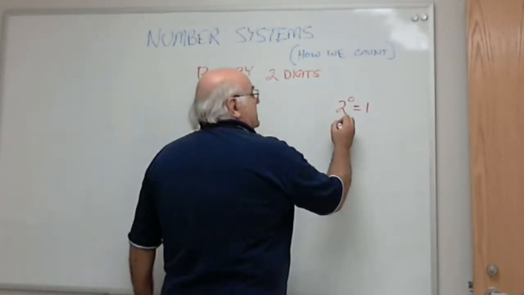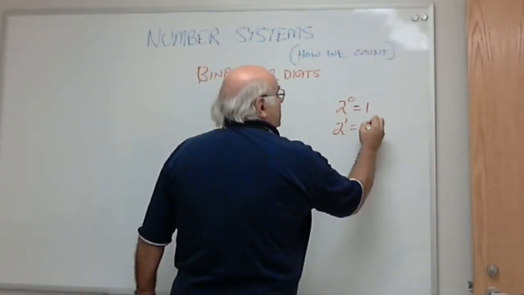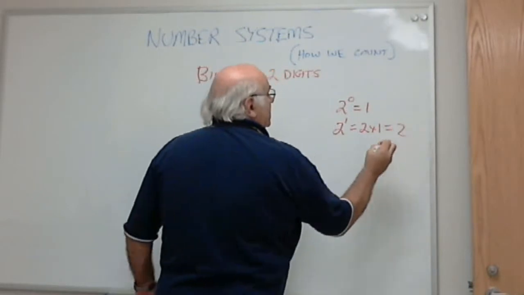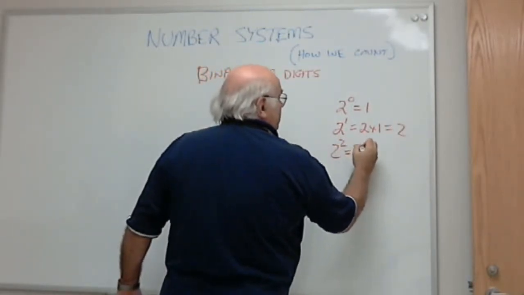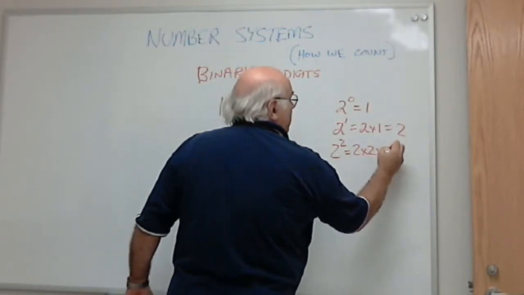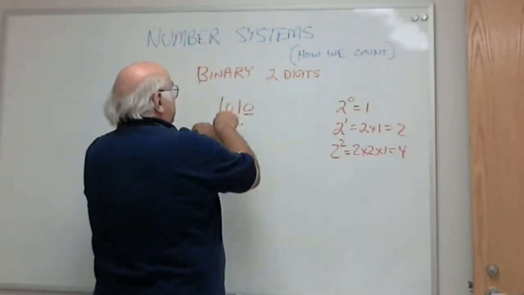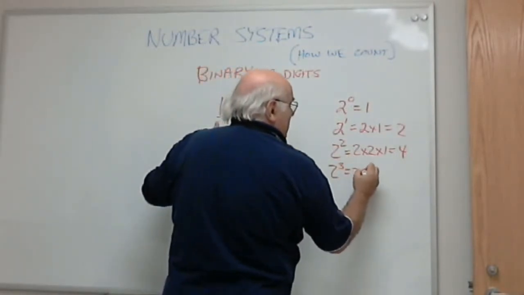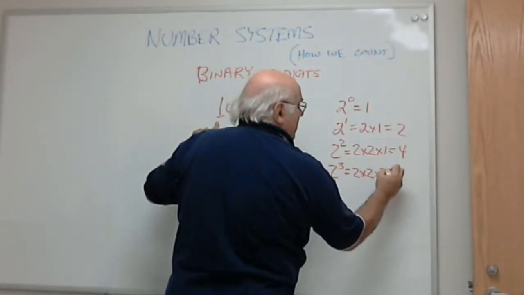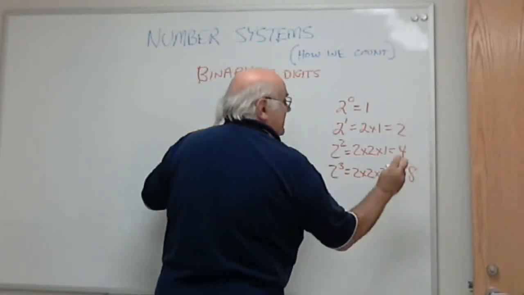If I come over, 2 to the first power equals 2 times 1, 2. If I come over to the third position, 2 squared equals 2 times 2 equals 4. This position, 2 to the third power equals 2 times 2 times 2 times 1 equals 8.